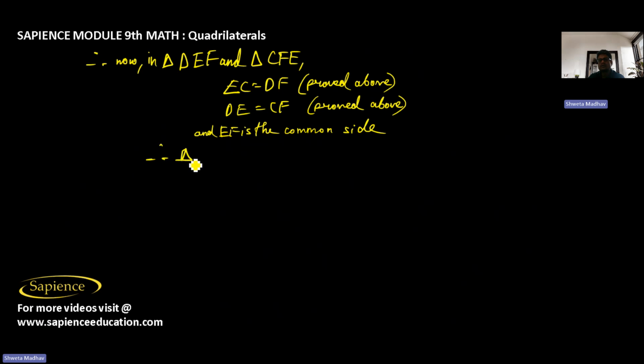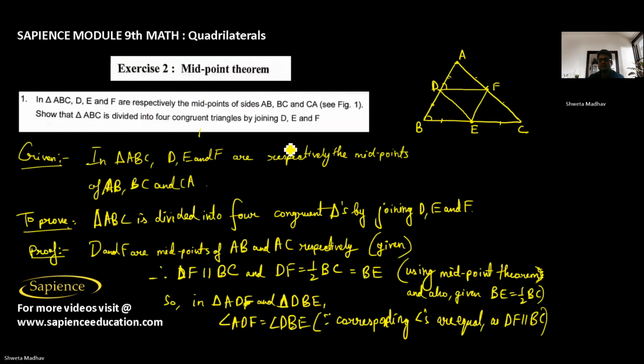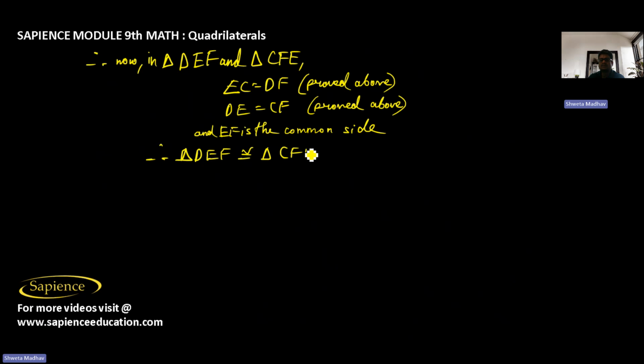So therefore, I can say that triangle DEF is congruent to triangle CFE by SSS rule of congruency.